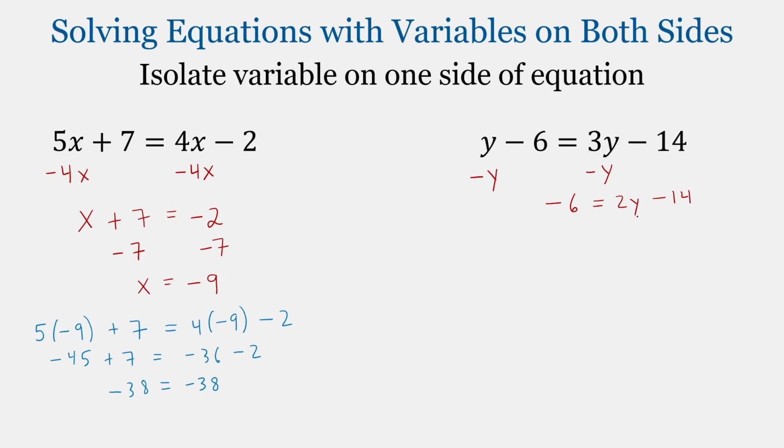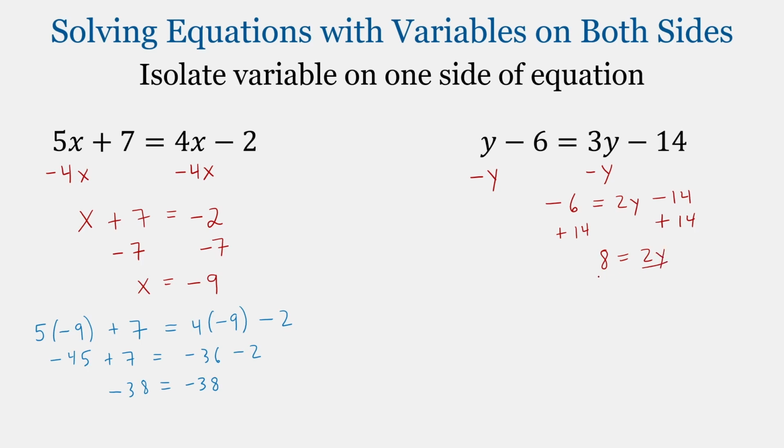So this is now like the two-step equations we were solving in previous lessons. So we'll undo this subtraction of 14 first by adding 14 to both sides. And when we do this, negative 6 plus 14 is 8, equal to 2y.